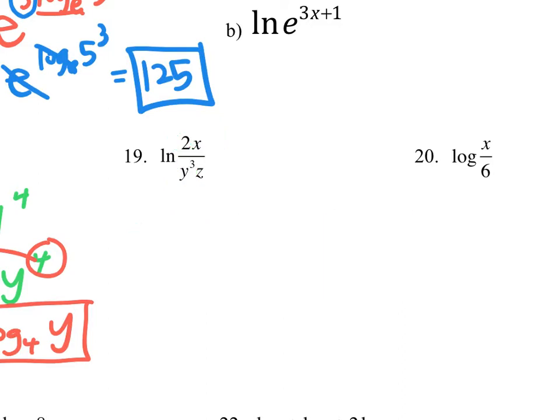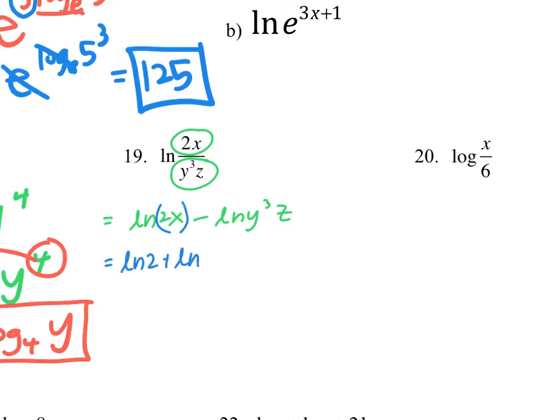Another way you can do this is by just going in order. So I have a numerator over a denominator. Right? You can have ln of 2x minus ln of y cubed z, and then work from there. So right here, I can separate that as ln of 2 plus ln of x, since these are being multiplied. Right? And then right here, I have y cubed times z, so I can separate that.